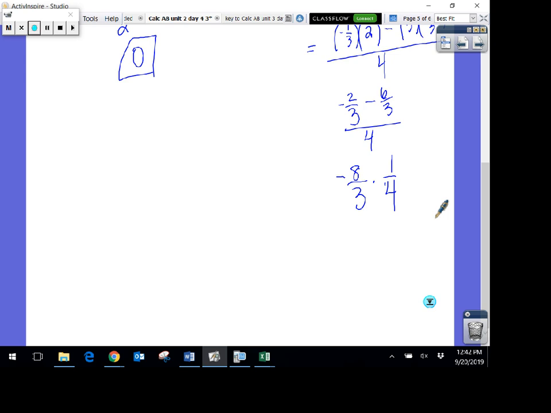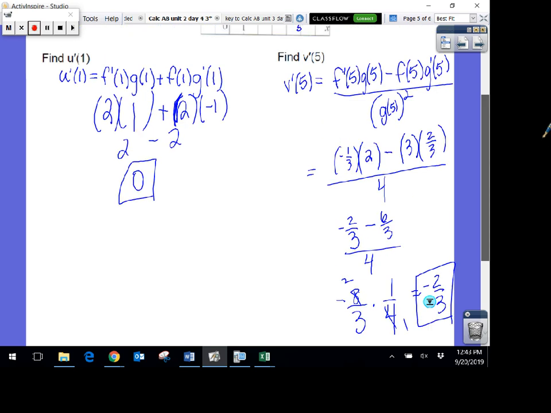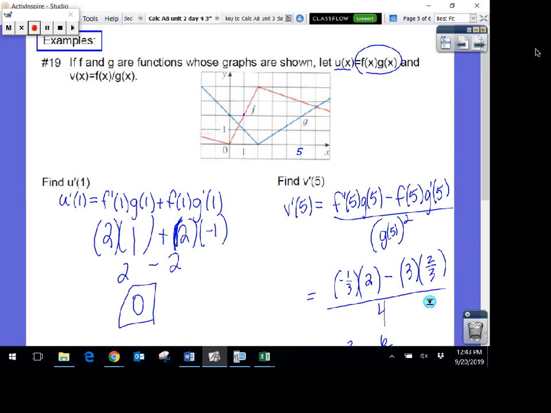Multiply by the reciprocal equals negative 2/3. And this right here, if you can come up with negative 2/3 without writing this step right here, that's fine. You don't have to show me negative 2/3 minus 6/3. If you can come up with that without looking at it, that is completely fine. All right.